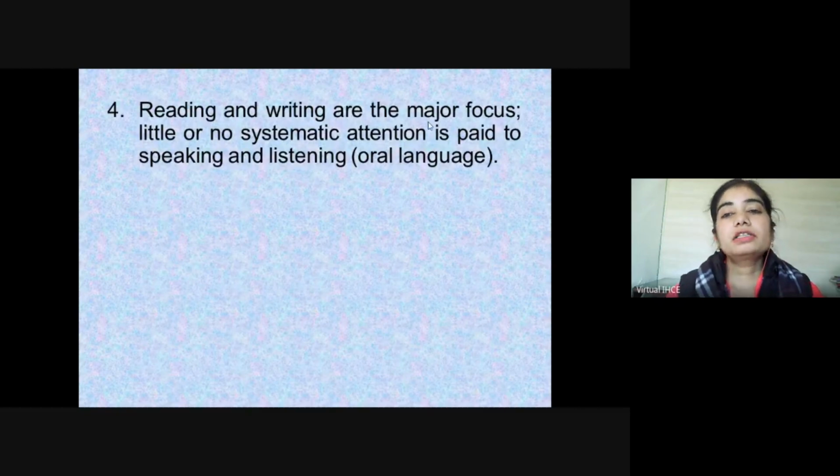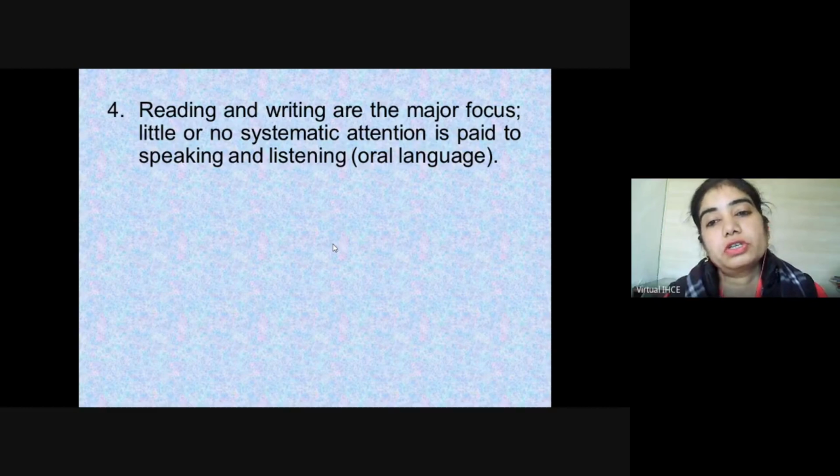Reading and writing are the major focus. Like we have discussed earlier, reading and writing are the major focus. Little or no systematic attention is paid to the speaking and listening, that is the oral language. So the students do not acquire the skills of speaking and listening, and they are not able to speak English language. They are only able to read and write it, and that also not correctly.